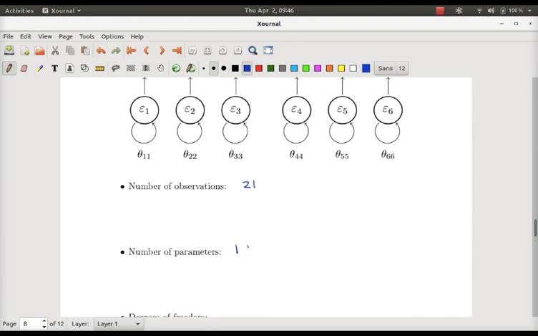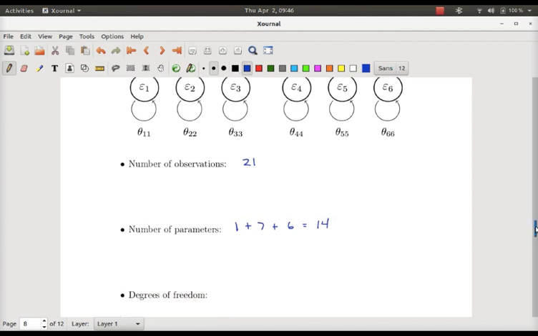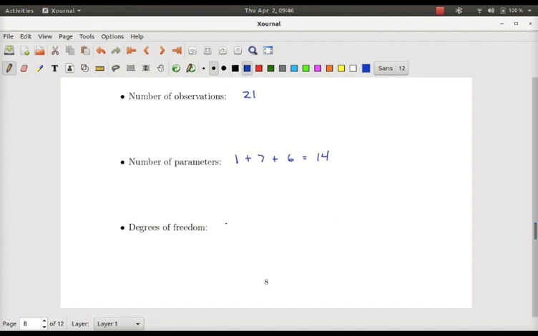So we've got 1 plus 7 plus 6, which is 14 parameters this time. And so when we go to compute our degrees of freedom, it's the number of observations minus the number of parameters, which is 21 minus 14. That gives us degrees of freedom of 7. So this is still an identified model.